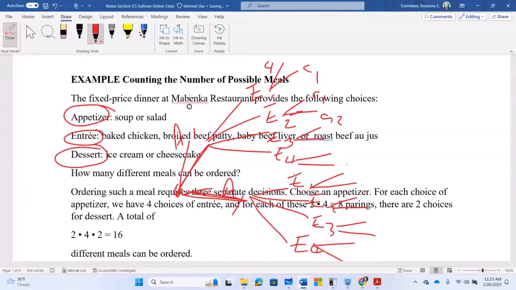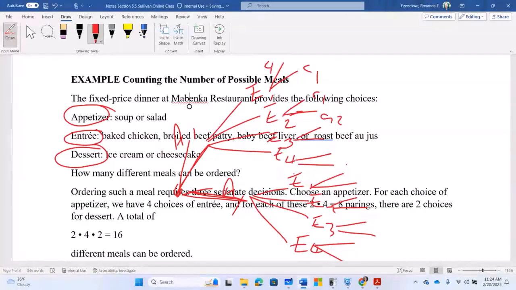So actually there are 16 different orders. When you count the last branches, you have 16 of them. Another way of finding it: suppose they give you a tree diagram, count the last branches. Otherwise, you can multiply 4 times 2 times 2.